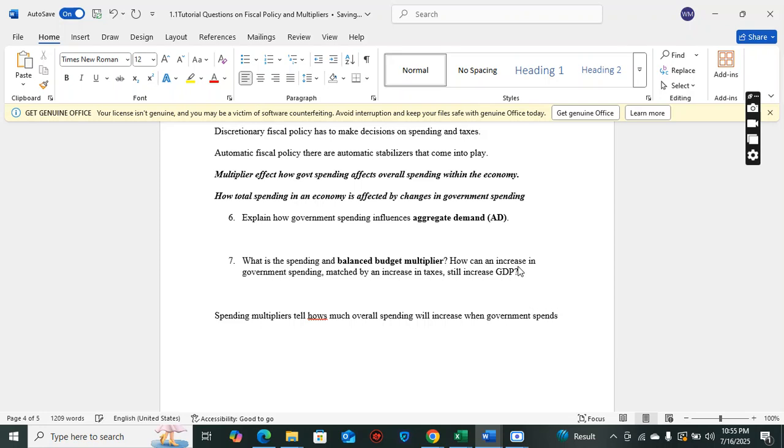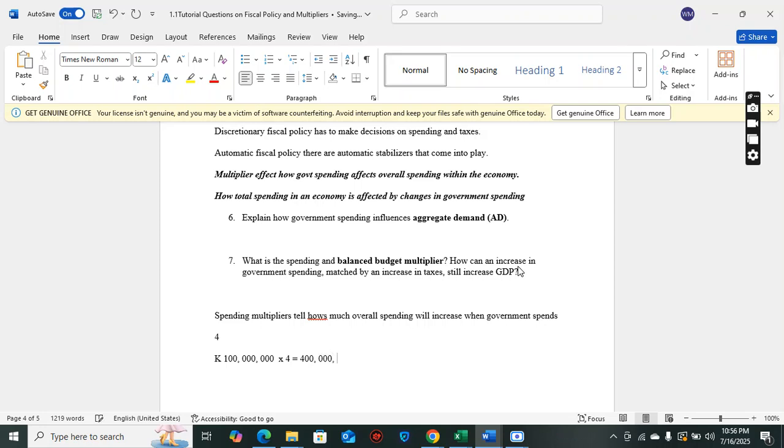Let's say for example we have a spending multiplier of 4, and government spends 100 million. It will multiply by 4. 100 million times 4 is 400 million. So the total spending within the economy will be 400 million.